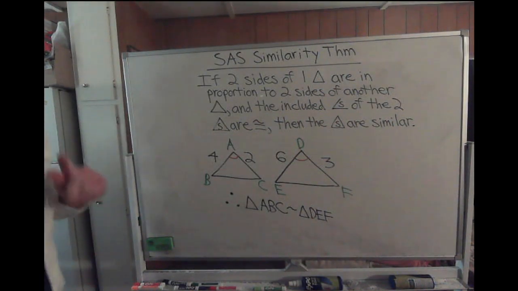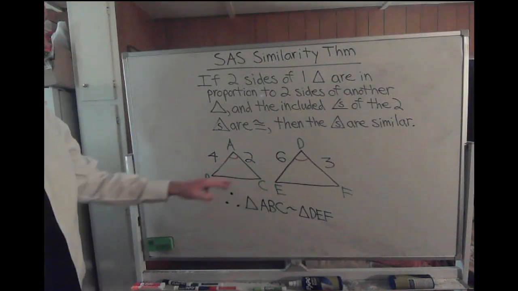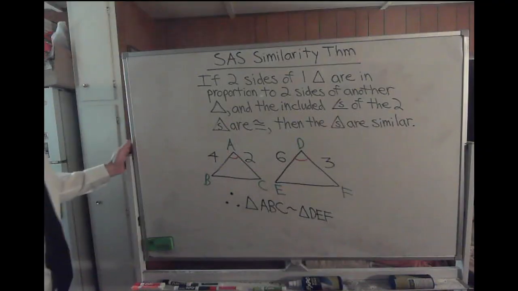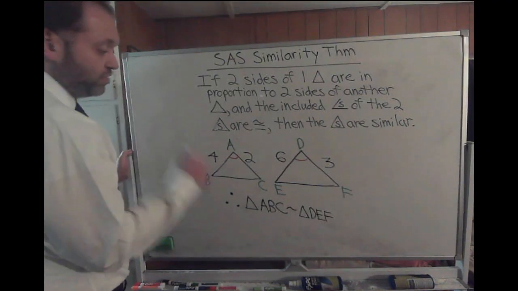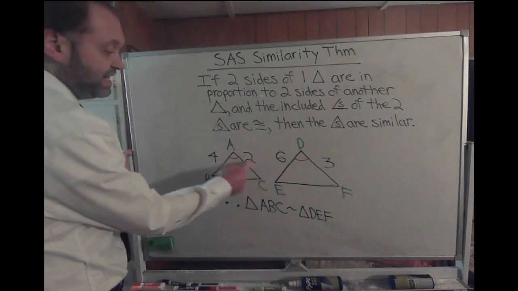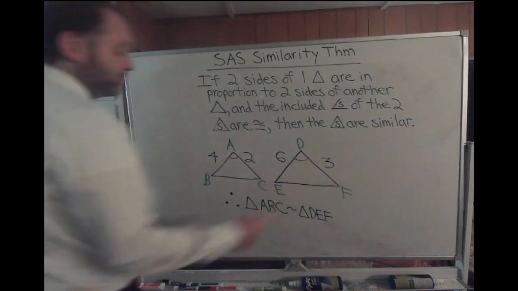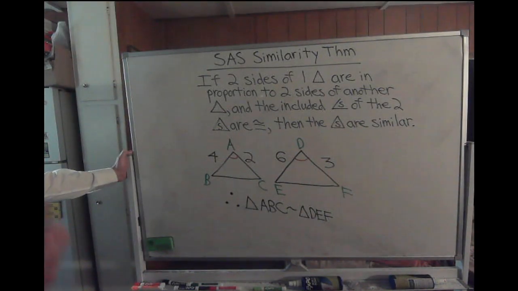So here to illustrate the point, I have triangle ABC and triangle DEF. If we look at triangle ABC, we have side AC with a length of 2, side DF with a length of 3. That would put it in the ratio of 2 to 3, so the scale factor would be 2 to 3.